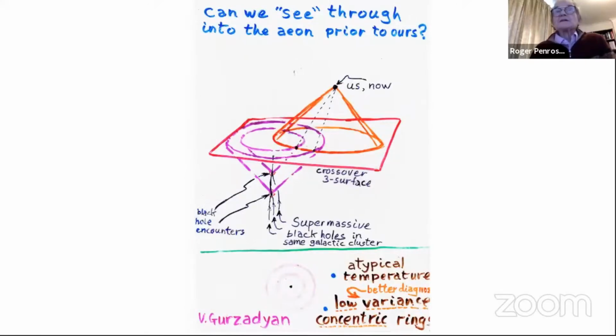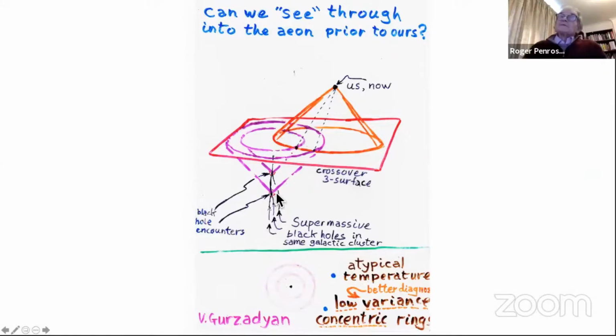What about collisions between supermassive black holes? Here the crossover from one eon to the next is this surface in the middle. I'm imagining this is us at the top looking back, and this is a stretched out Big Bang. Do we possibly see signals from gravitational waves coming from collisions between supermassive black holes?